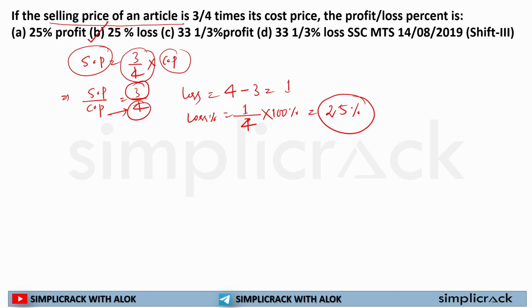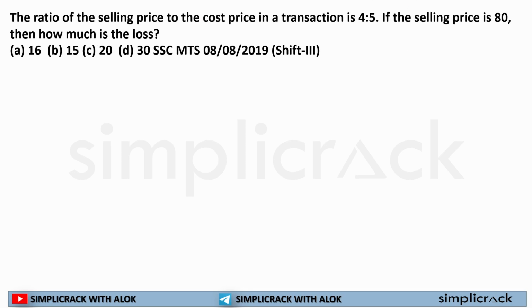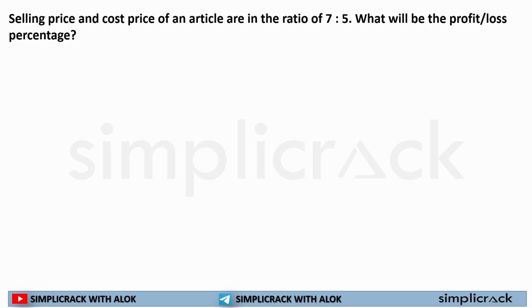Okay? This is a homework, same as the previous one. It is 8 by 7% of cost price. The same question. See, why am I giving you multiple questions? So that your grip will be much stronger.